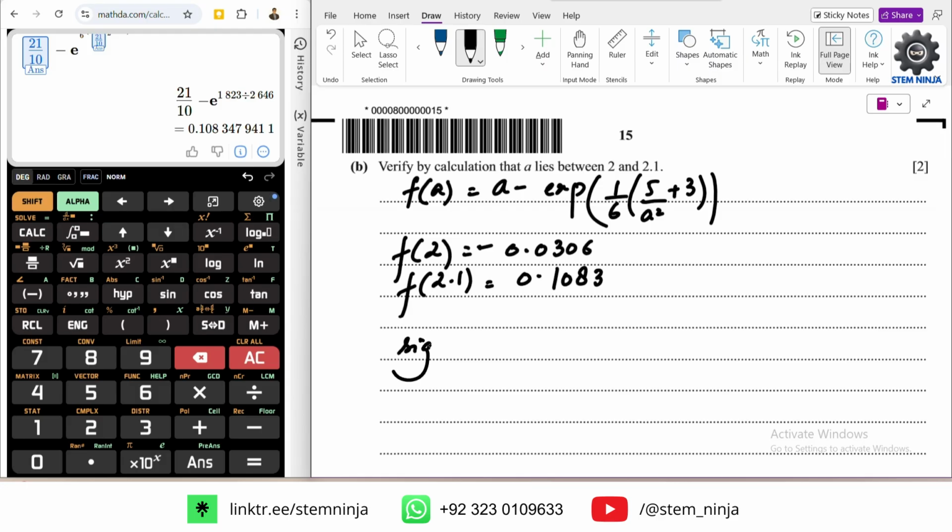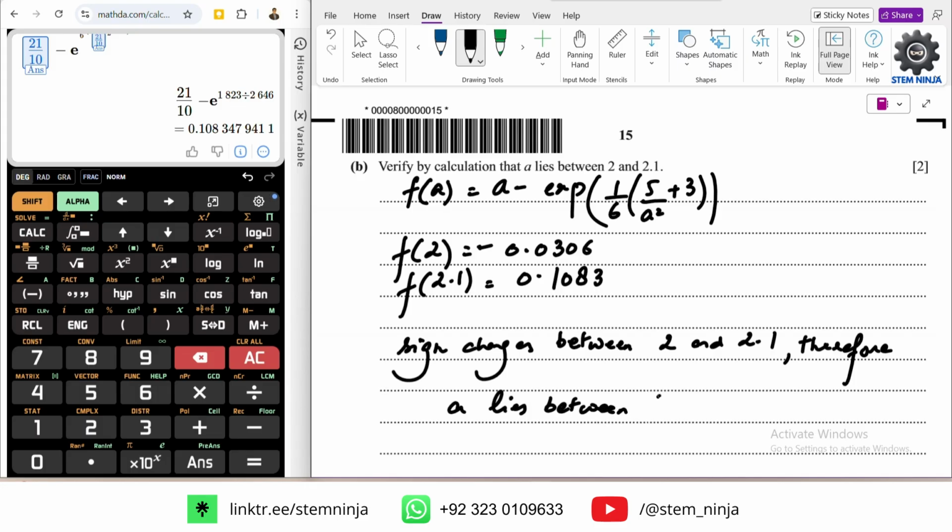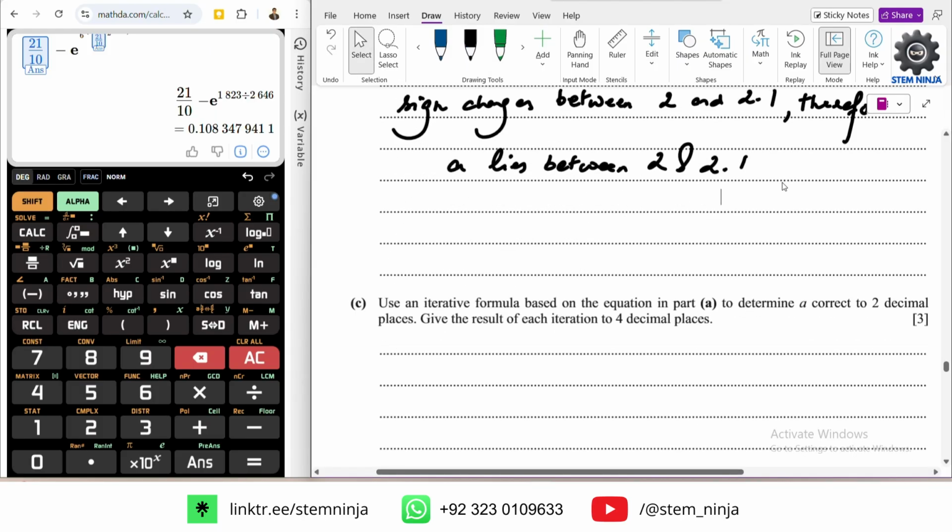The sign changes between 2 and 2.1. Therefore, a lies between 2 and 2.1.